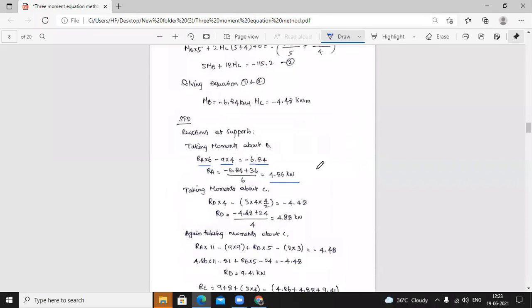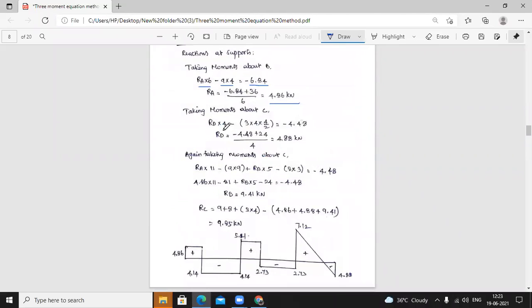Minus 4.48. So RD into 4 minus 3 into 4 into 4 by 2 is equal to minus 4.48. Therefore RD is equal to 4.88 kilonewton. Okay, so we found RA and RD.